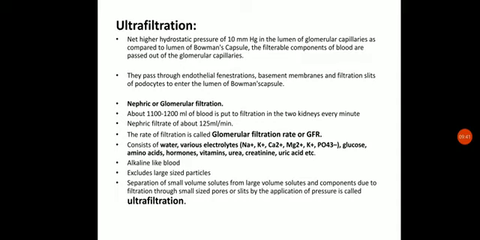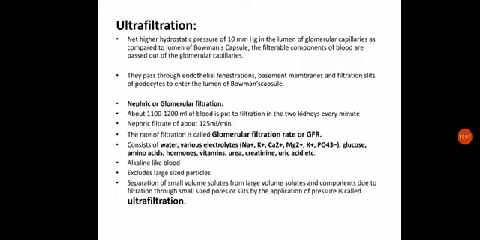Now it produces glomerular or nephric filtrate. The filtrate produced during ultrafiltration is around 125 ml per minute. This rate of filtration is called the glomerular filtration rate, or GFR.